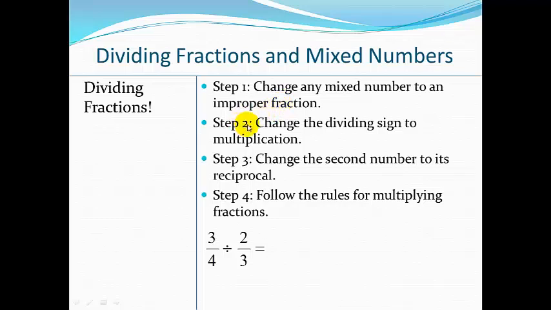The second step, and we're going through this fairly quickly. Chapter 2 is, again, kind of a review of fractions, and I know you learned how to divide in 6th grade, but what's different as a 7th grader now is we're going to be adding in some negative numbers. So change the dividing sign to multiplication, change the second number to its reciprocal, follow the rules for multiplying fractions.